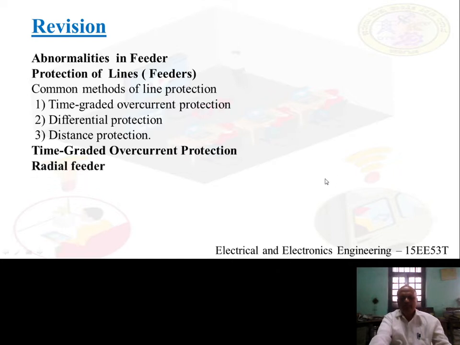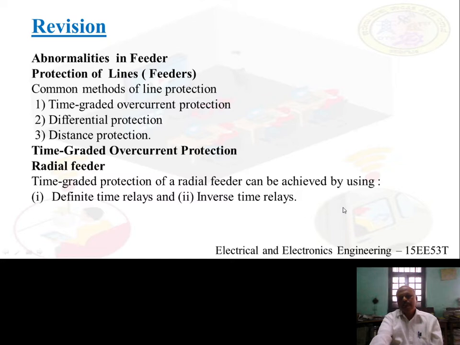Second system, that is the radial feeder. In this system the flow of power is only in one direction, from the generator end to the load. The time graded protection of a radial feeder can be achieved by two methods. First one, definite time relay.